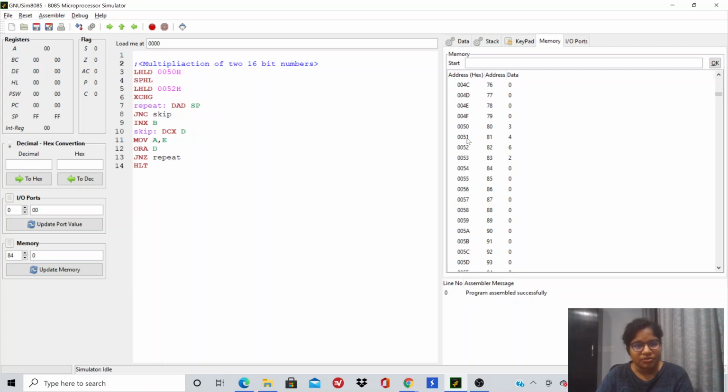At 0051 and 0050, 04 and 03 can be seen to be stored, and at 0053 and 0052, 02 and 06 can be seen to be stored. These two memory locations together are storing the number 0206, and these two together are storing the number 0403. These are the two numbers that we are multiplying in our example.